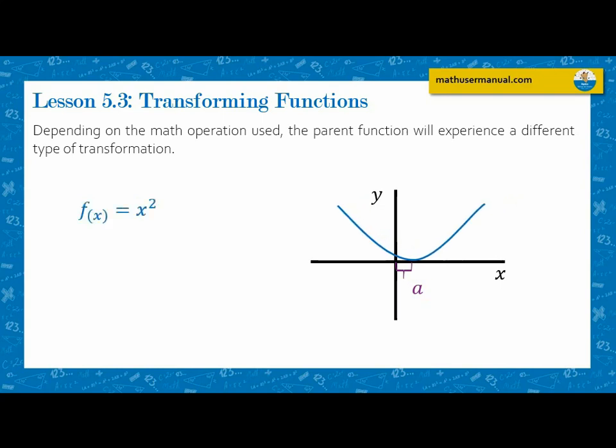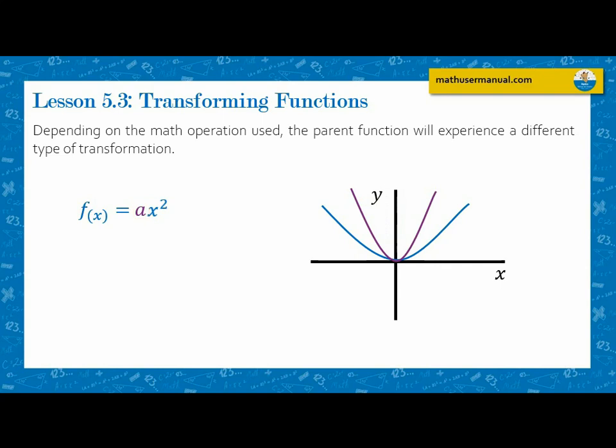Of course, we have some other transformations, so let's bring the graph back to the original x squared. And let's try now multiplying times a constant. When we multiply the x squared, or the parent function, times a constant, the graph is going to stretch. It's going to get stretched. It's more vertical. It's thinner.